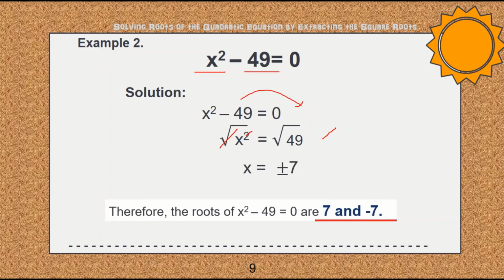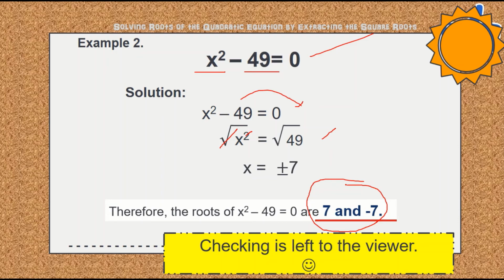So, therefore, the roots of the given quadratic equation x squared minus 49 is equal to 0 are 7 and negative 7. And to check for this, okay, checking is left to you as a viewer. So, we will see kung naintindihan, kung tama ba yung mga sagot natin na nakuha through your checking.